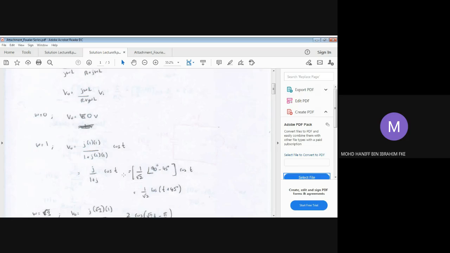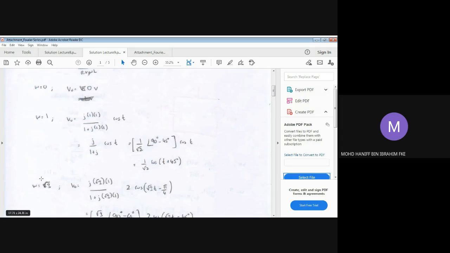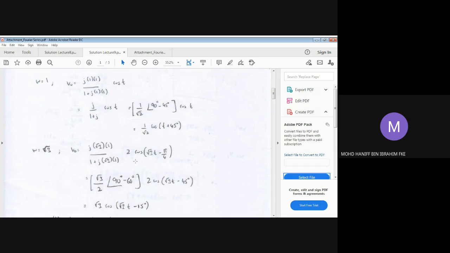Followed by this, you need to find out the output voltage across the inductor for the third term, which is at omega equals √3. For this frequency, your output voltage shall be j√3 over 1 plus j√3, times the input voltage at omega equals √3. So you end up getting √3 over 2 at 30 degrees, which is the phase difference between these terms and these terms below here, and multiply with 2 cos(√3 t minus 45 degrees).